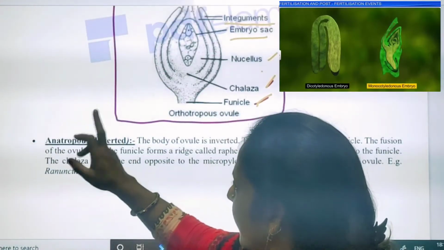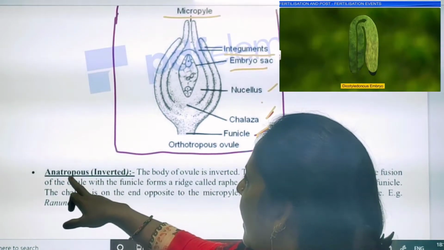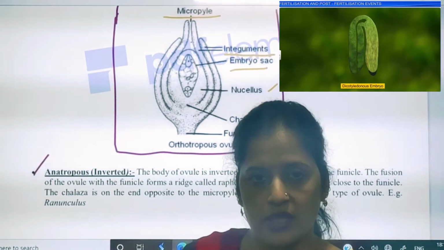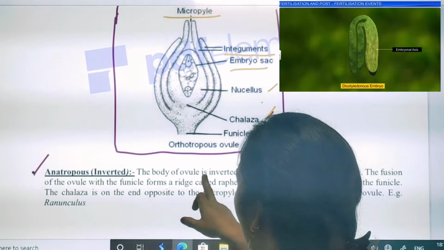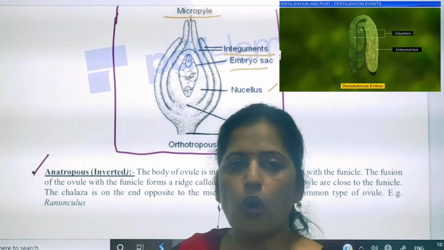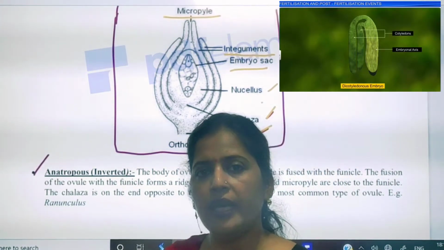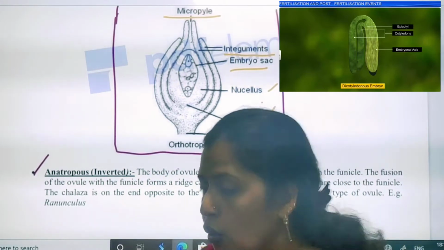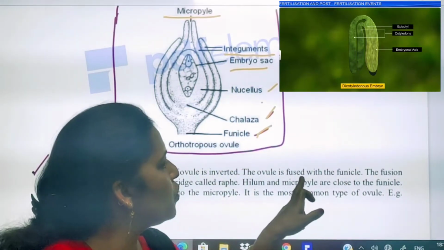And the second type of ovule is the anatropous, that is inverted. The body of the ovule is inverted. The ovule is fused with the funicle.